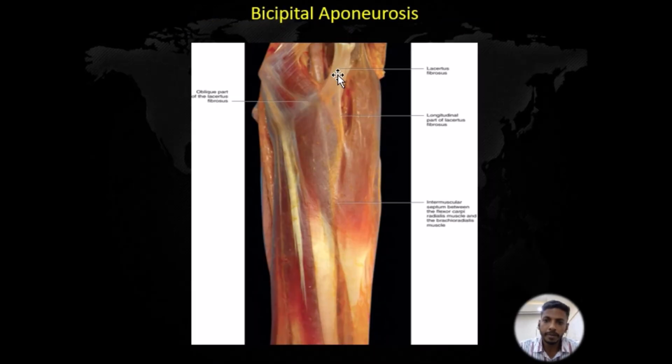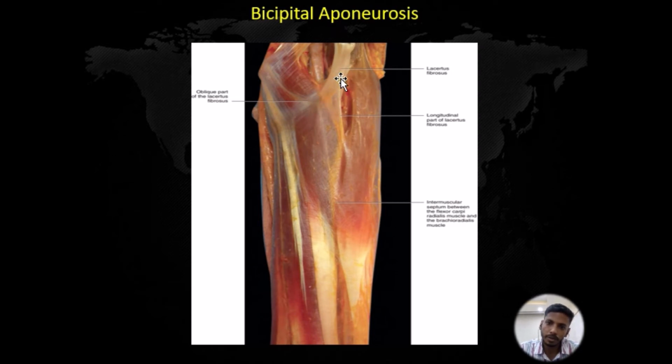This is the bicipital aponeurosis. The biceps muscle of the arm not only inserts to the radial tuberosity, it also has a myofascial expansion to the antebrachial fascia. The bicipital aponeurosis, or the lacertus fibrosus, has two separate parts. One is the oblique part, which links the brachial with the antebrachial fascia. The brachial fascia envelops the biceps and the triceps, whereas the antebrachial fascia envelops the forearm muscles.